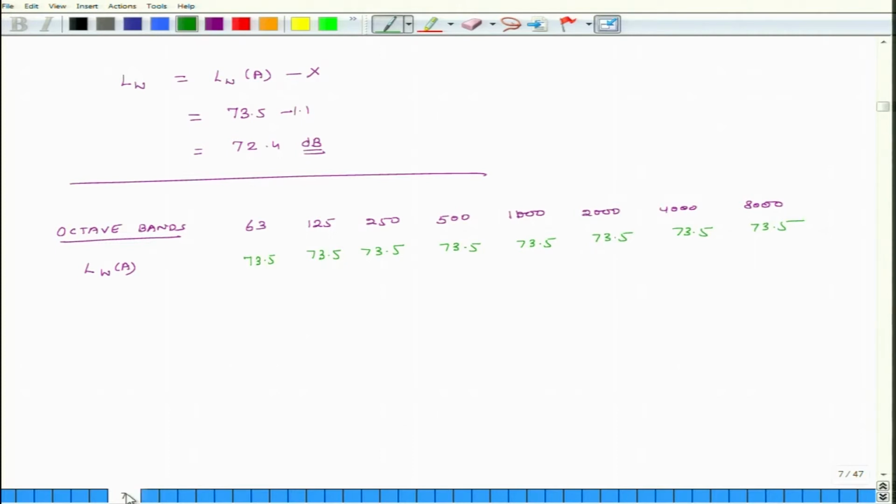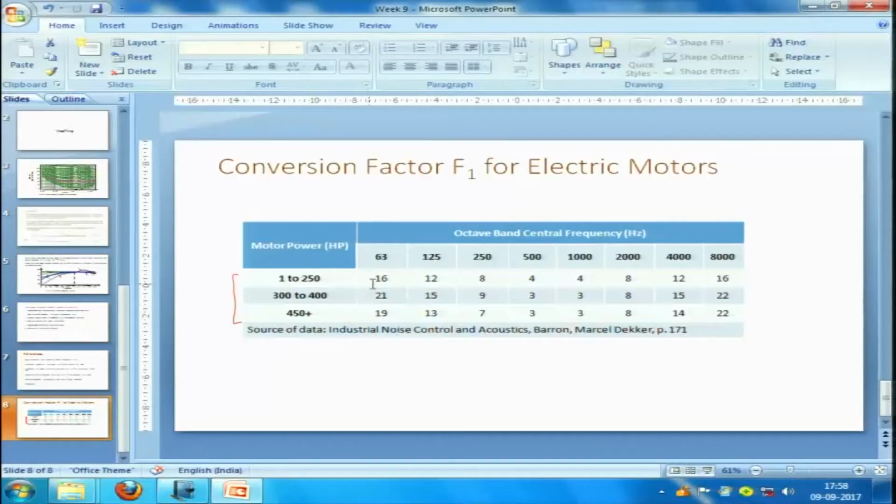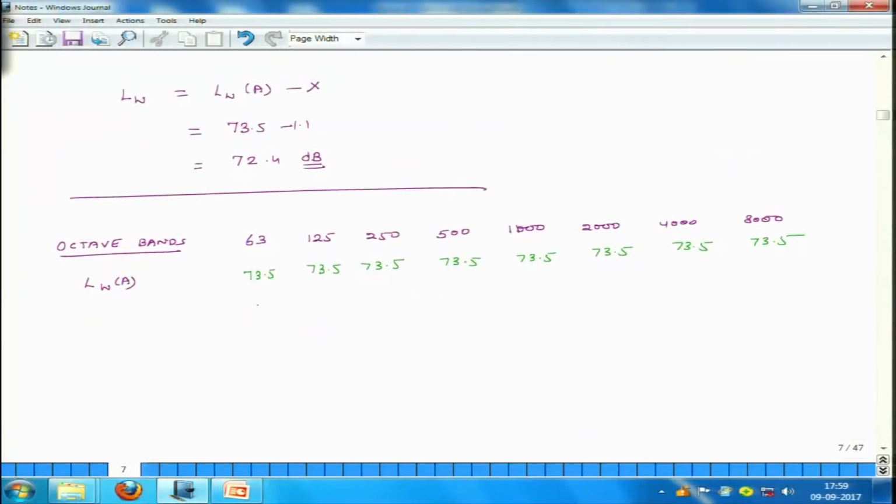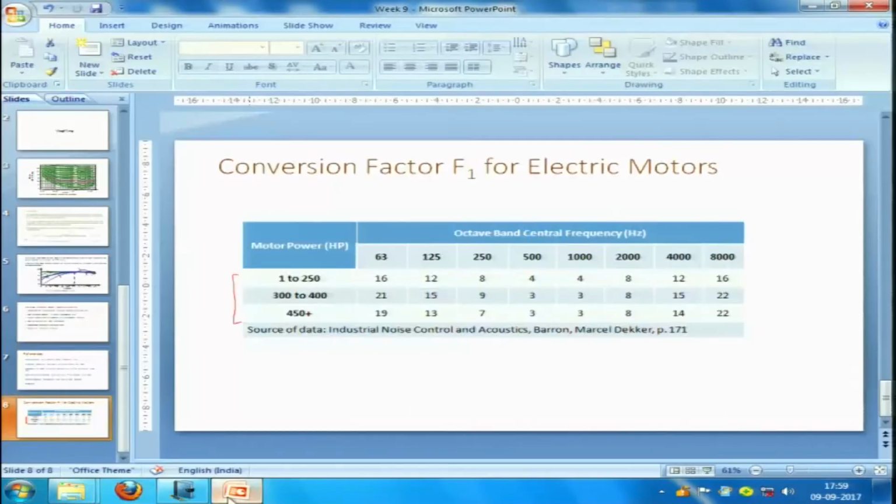And then I am supposed to get those factors F1. Let us look at some of those factors from the table. It is 16, 12, 8, 4, 4, 8, and then the next two values are 14 and 22.